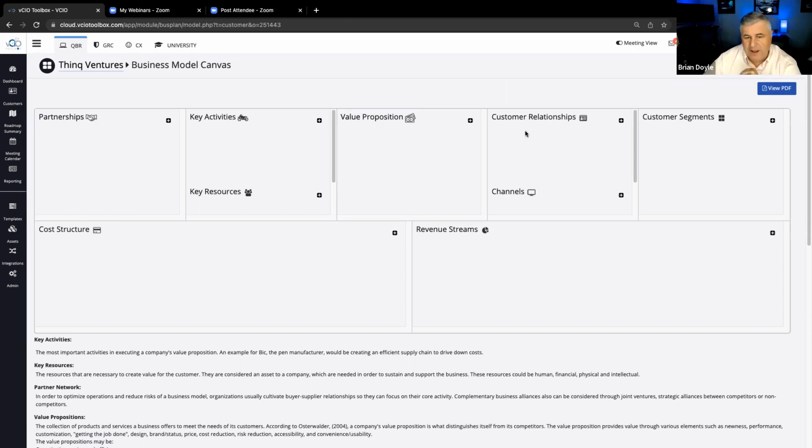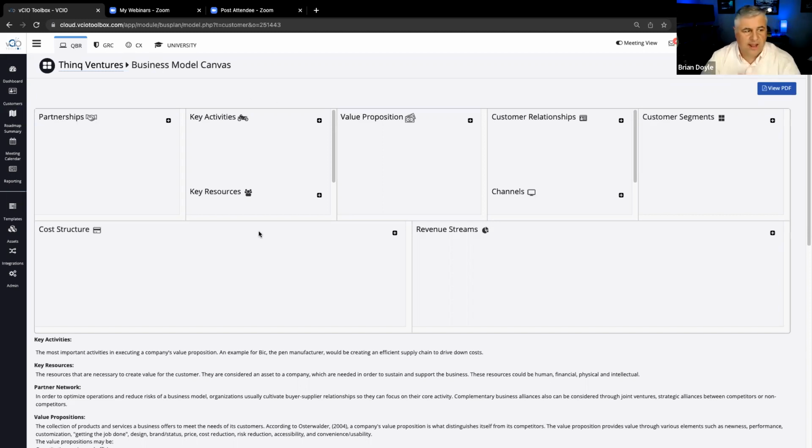Over here on the right-hand side of this table, you're seeing the different things that a customer has to do to go to market: what relationships they need to have, what sales channels they need to implement, what customer segments they sell to, and how they're going to garner their revenue streams.